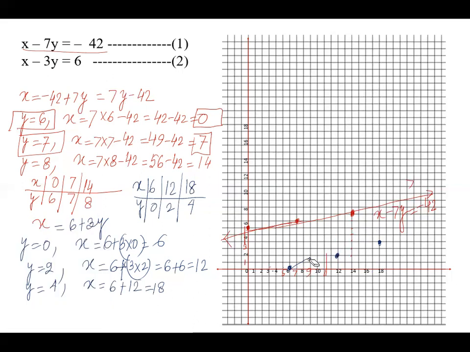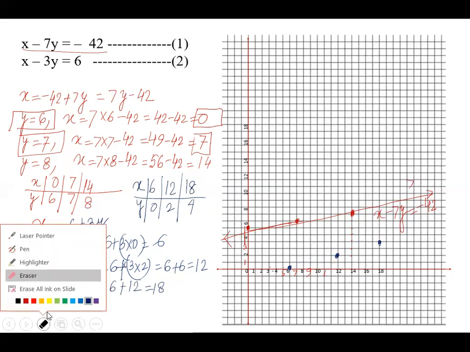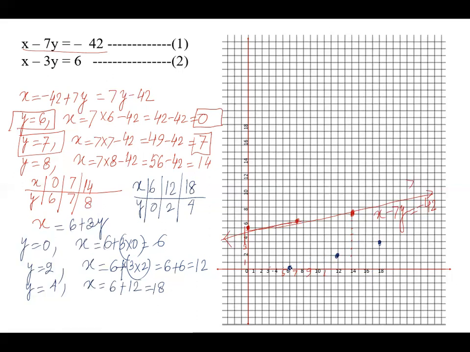I hope you have understood. Now you can draw yourself. Take a graph paper. So this is the graph. The line is x minus 3y is equal to 6.